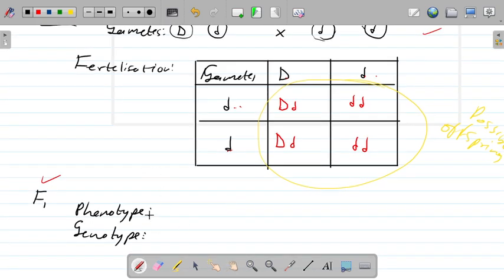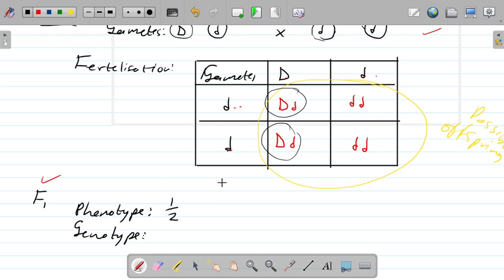For the phenotype, 1 and 2 are the same: they have dark hair. They are heterozygous, meaning they have two different alleles, heterozygous dominant for dark hair. So 2 out of 4, which simplifies to 1 over 2.